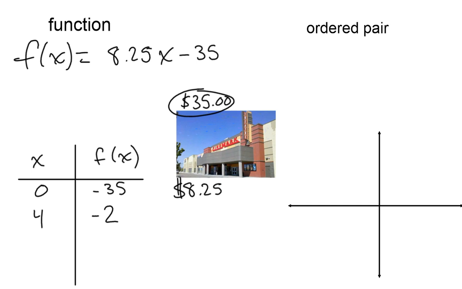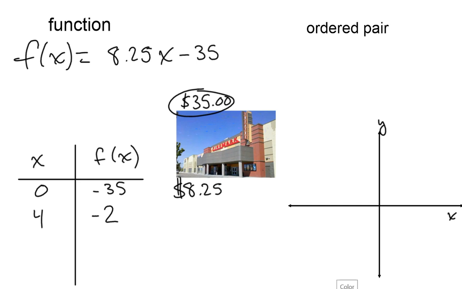Another way that we can model the situation, of course, is a graph. On the graph, we can let our x-axis represent the number of hours worked. This would be my hours worked. And the y-axis would represent the number of dollars I've earned. If you think about this initially, we have a negative value at first.